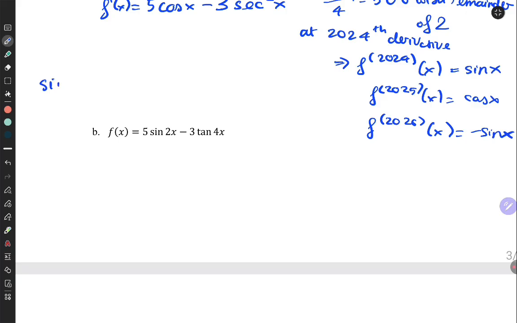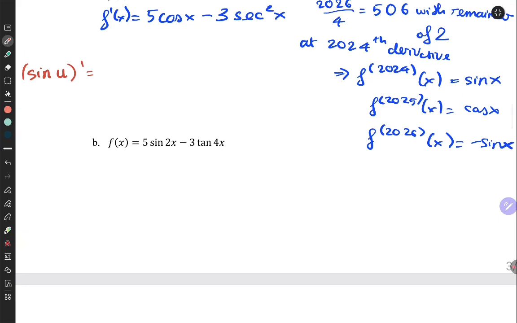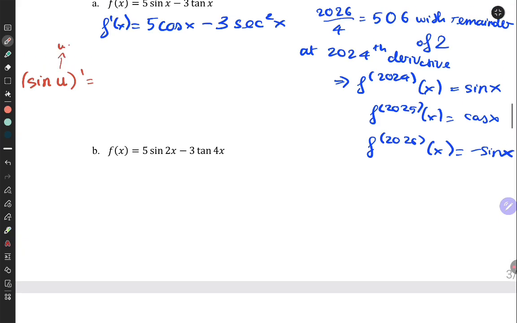Let me use another color, so consider this a formula. Sine of u. When you have the derivative of a function, not just a variable, u is a function. When you have the derivative of sine of a function, you have that function's u prime multiplied by the normal formula.